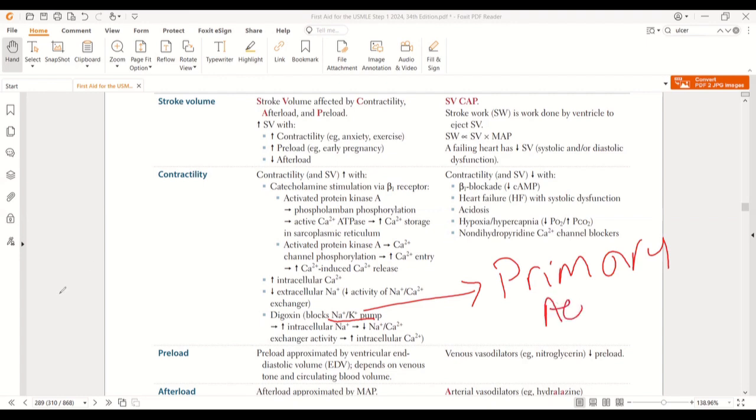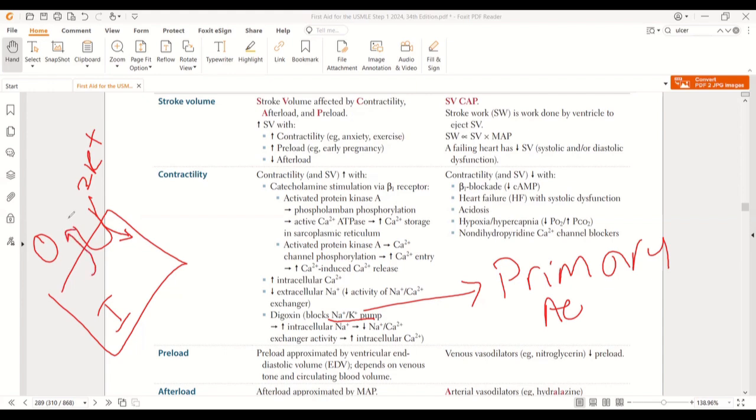If this is a cell, this is the inside of the cell, this is the outside of the cell, what does the sodium potassium pump do? It takes 3 sodium out of the cell and brings 2 potassium inside the cell.